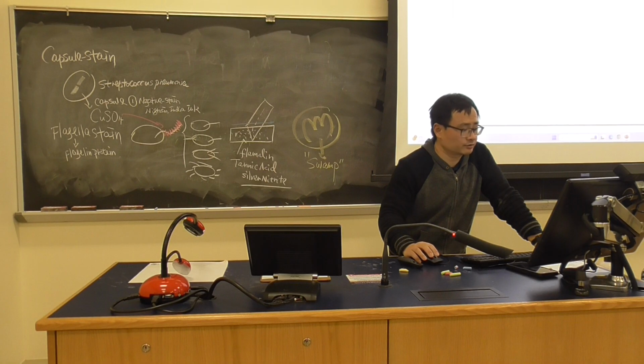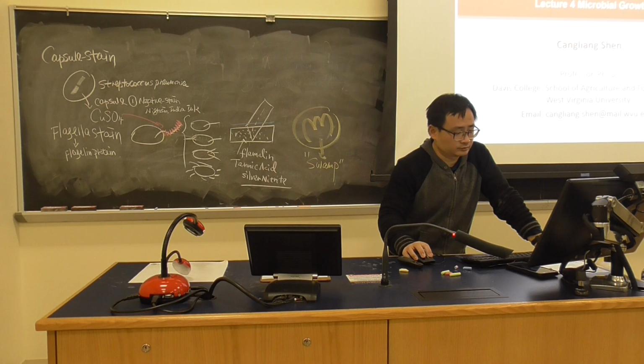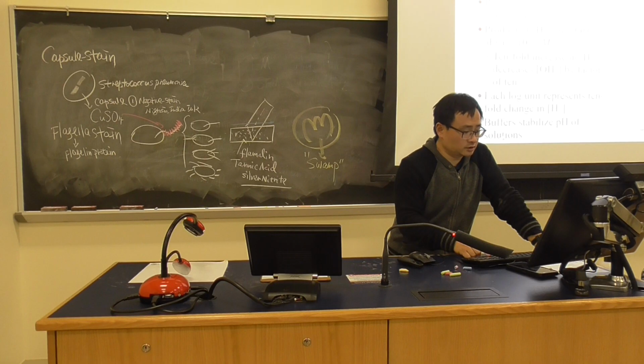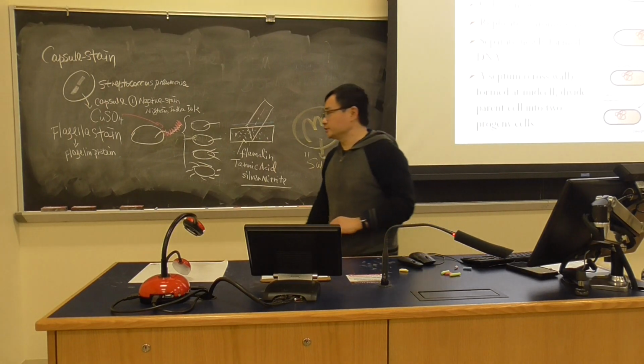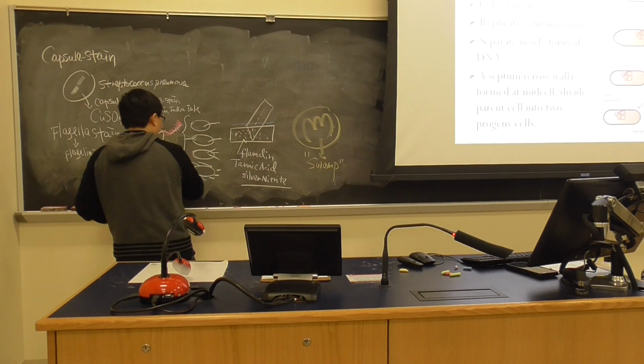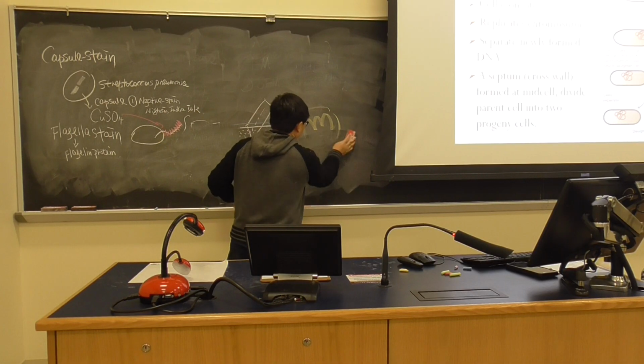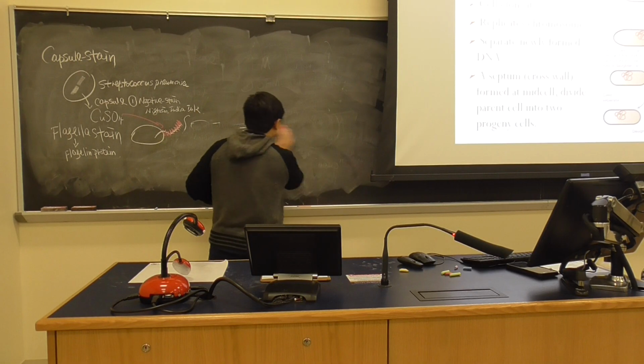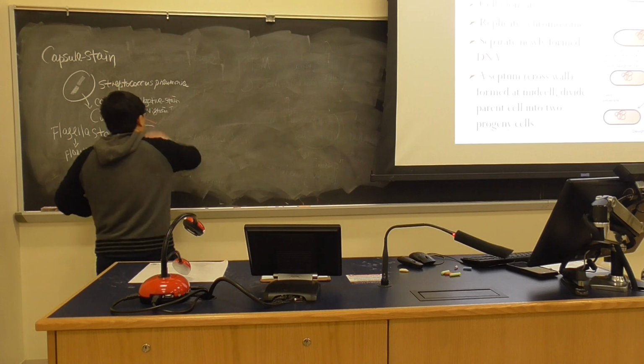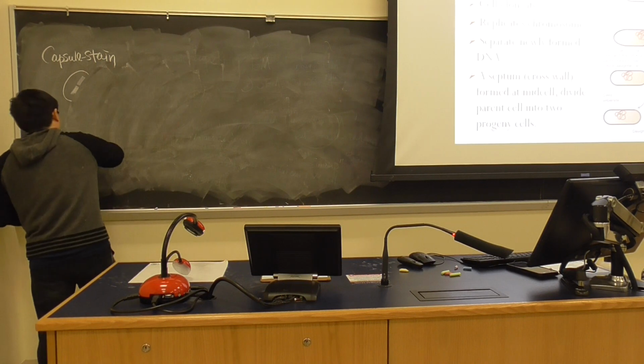Okay, bacteria growth. This section is important. Lots of things we can talk about. Binary fission is how bacteria grow. Bacteria grow by 1 becoming 2, 2 becoming 4, 4 becoming 8.